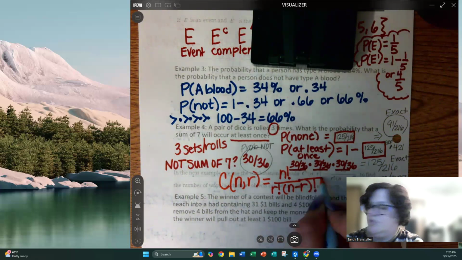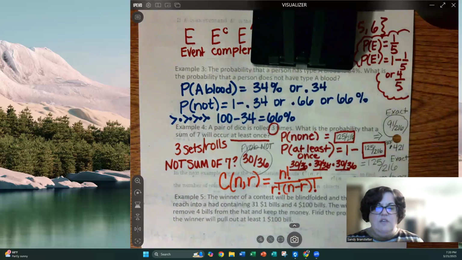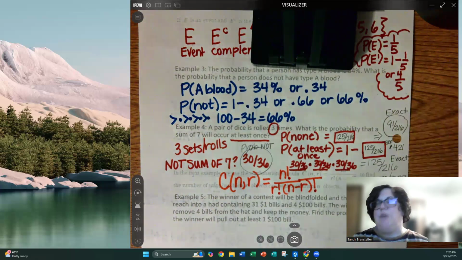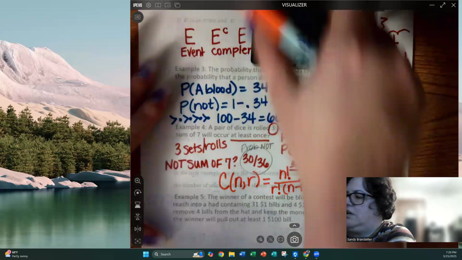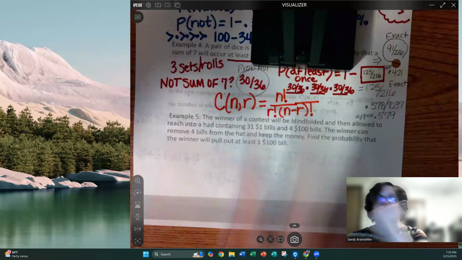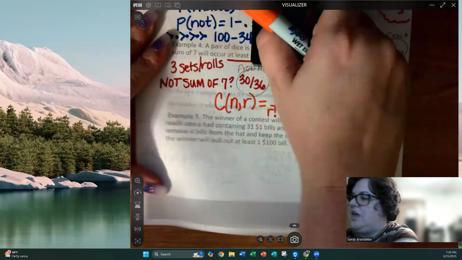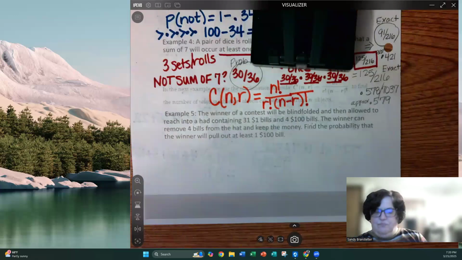Again, look back at your previous notes if you need more information about the combinations.